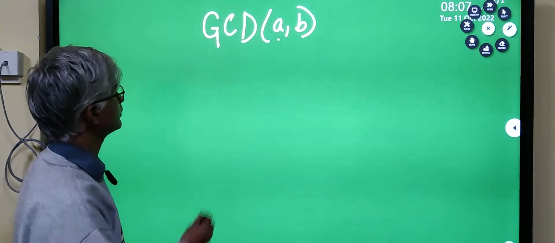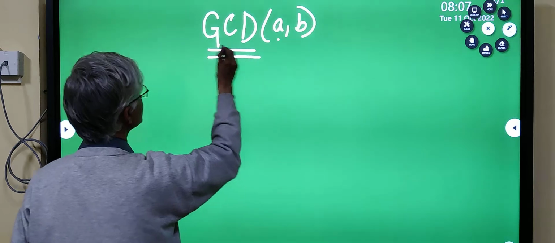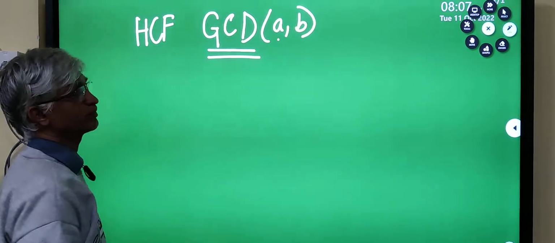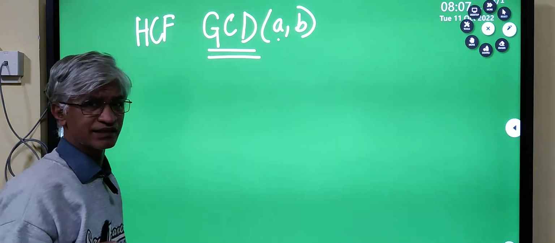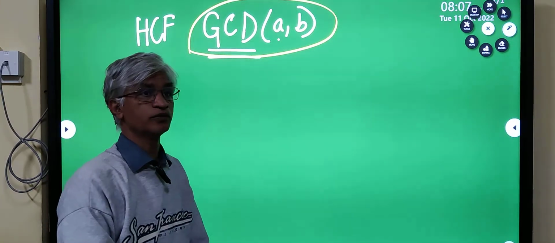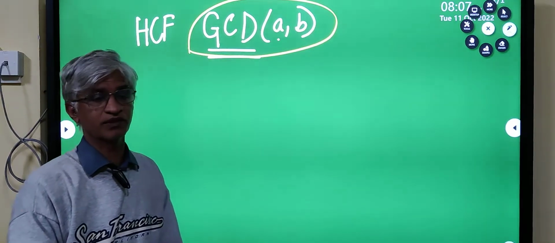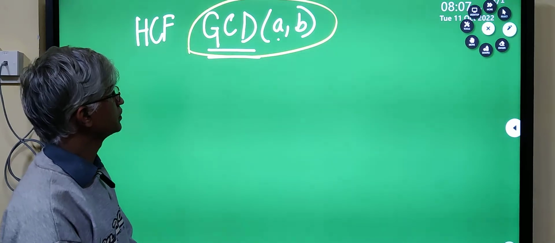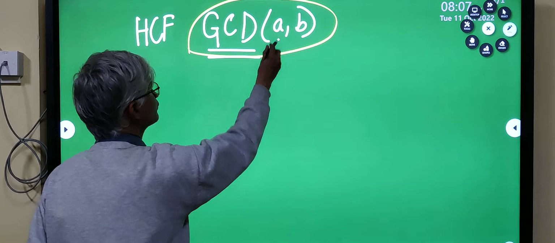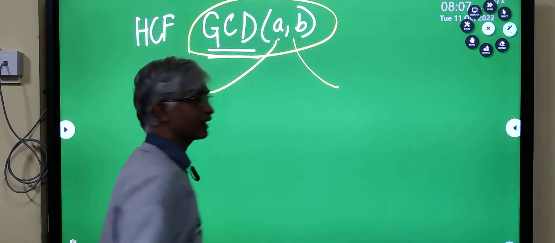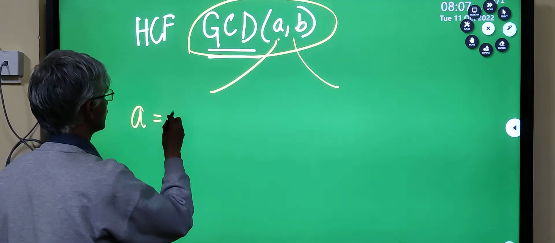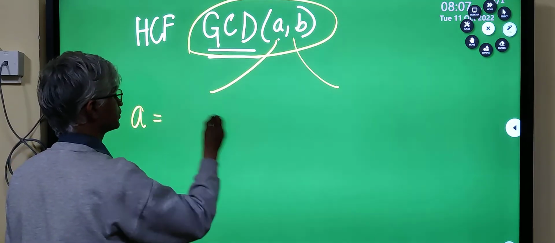Now, you might also be sometimes using the HCF, highest common factor, but I would insist that let us constantly use GCD now to use this concept of greatest common divisor. So, let us just get the basic idea of the greatest common divisor. So, if you have two numbers, you can always write down the prime factorization of both the numbers.